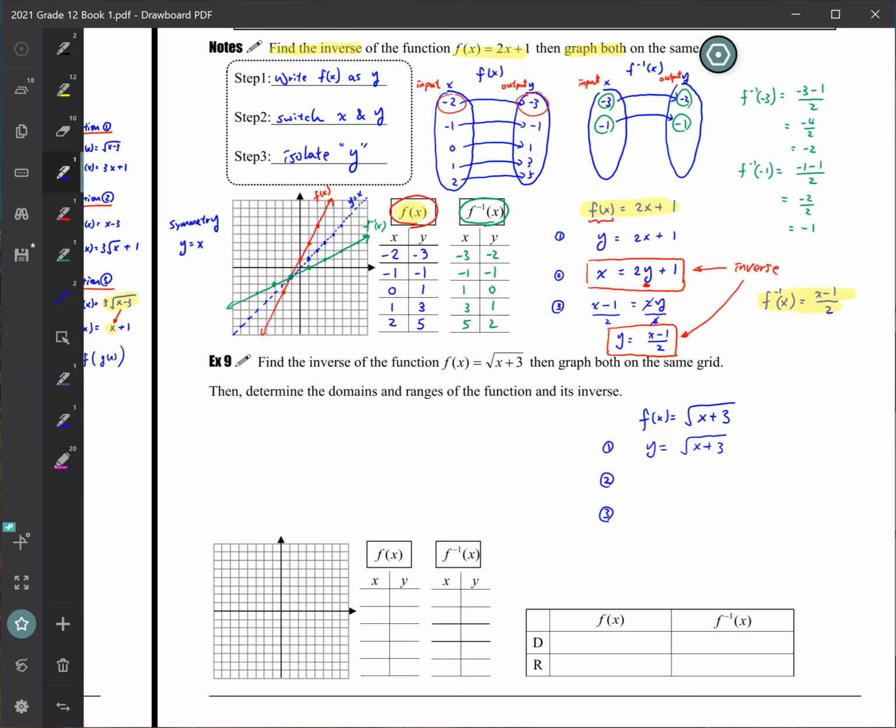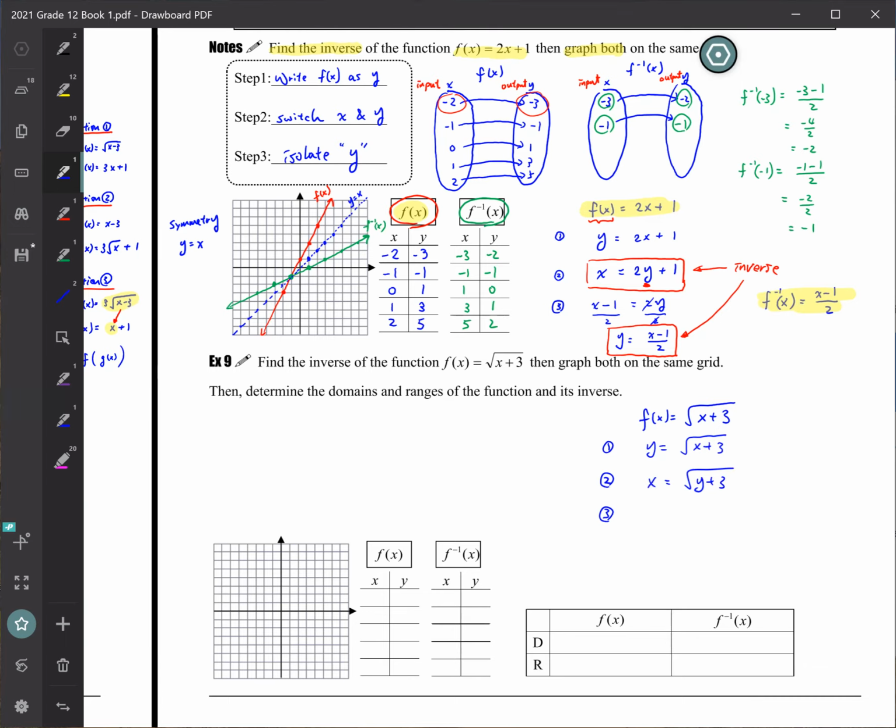Okay, Evan, step 2, what is it? Switch the x and the y. How do I write it out? So it becomes x equals square root of y plus 3. Yep, very good. If on a multiple choice question they want you to find the inverse, and one of the options A, B, C, D is like step 2, then that is also correct.